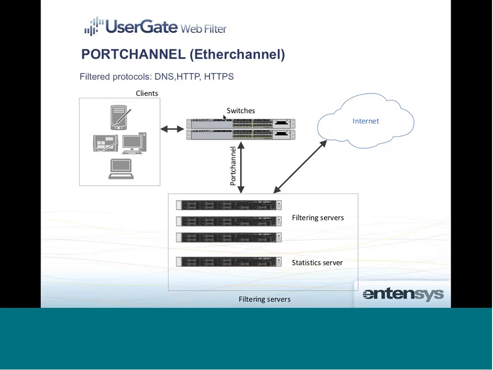So in this example, we have 3 filtering servers. All filtering servers connect to each port of this trunk, and the switch itself sends just a portion of traffic to every one of these servers.